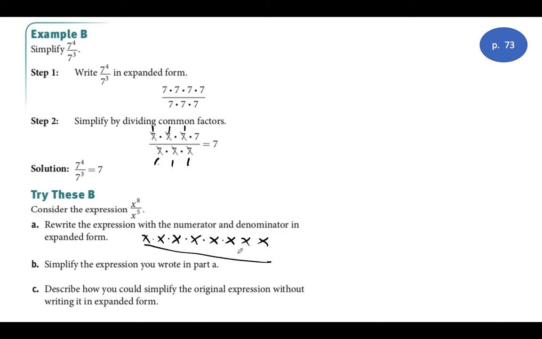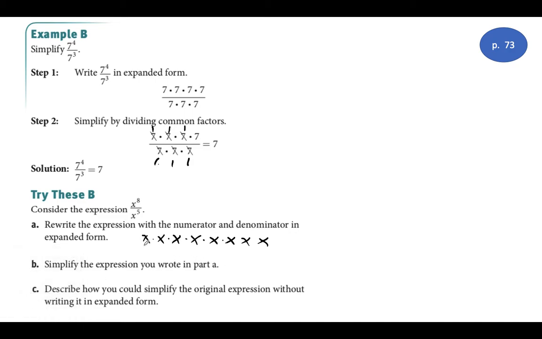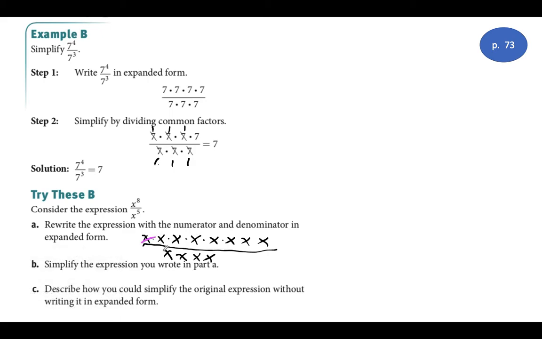And then in the denominator, I'm going to have to fix that one. That one's too bad. Let's try it one more time. A little better. And then 5 factors of x in the denominator. And then we cancel what cancels.